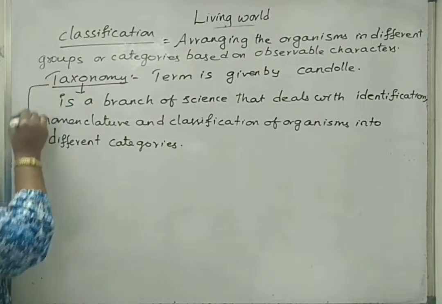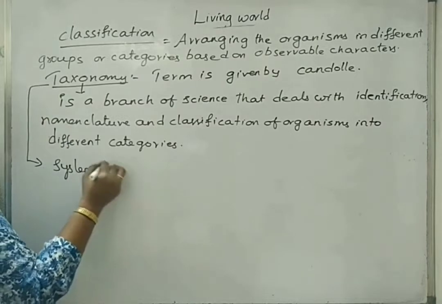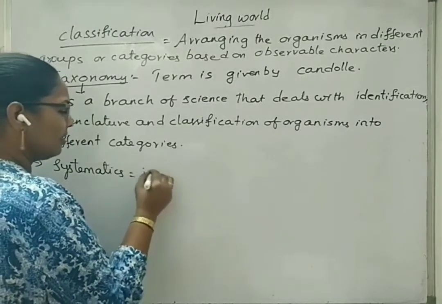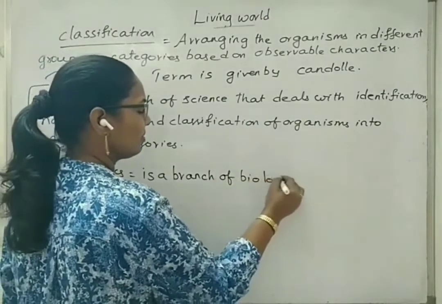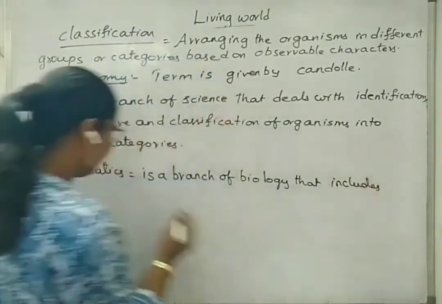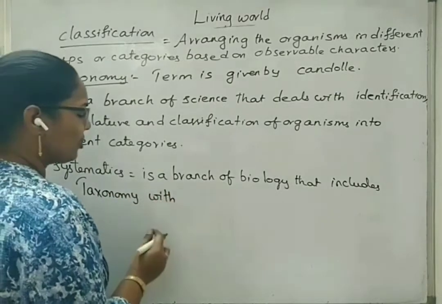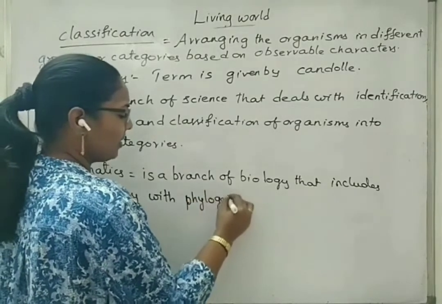There is another word which is related to taxonomy called as systematics. Systematics also deals with the categorization of organisms but based on phylogenetic relations. So here we can say it is a branch of biology that includes taxonomy with relation to phylogeny, or we can write phylogenetic relations.